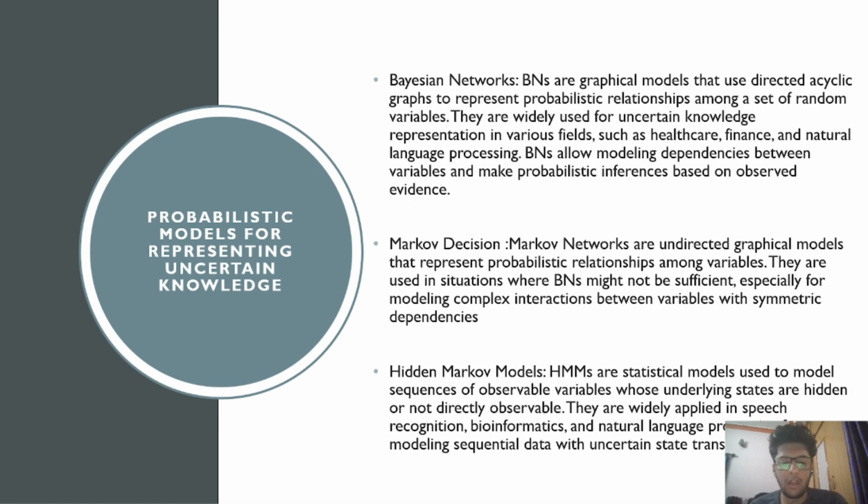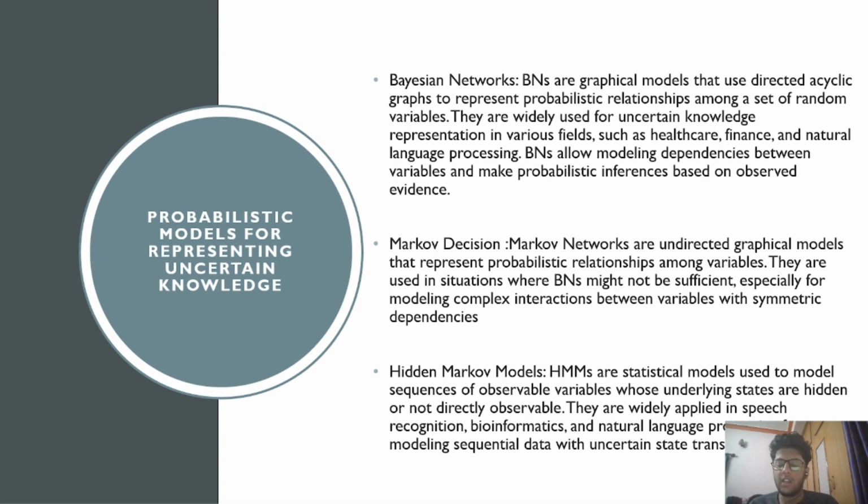And the third one being hidden Markov models, wherein HMMs are statistical models used to model sequences of observable variables whose underlying states are hidden. That is, you have a certain set of states which are visible to the human eye, or which are predictable, and there are few states which are not.